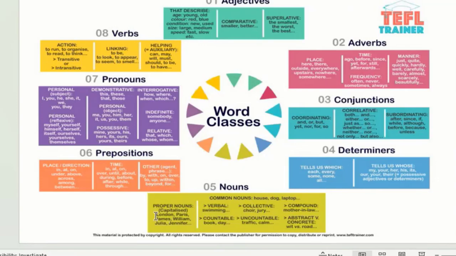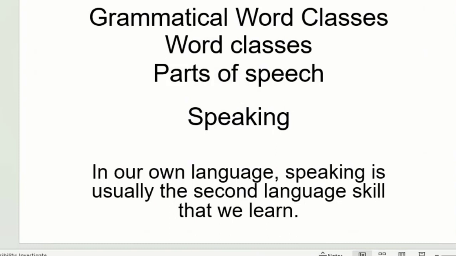I know I've dealt with all these contractions. I've dealt with the parts of speech. Some call them parts of speech. Here on the slide it's called word classes, grammatical word classes, or parts of speech, or the grammar.